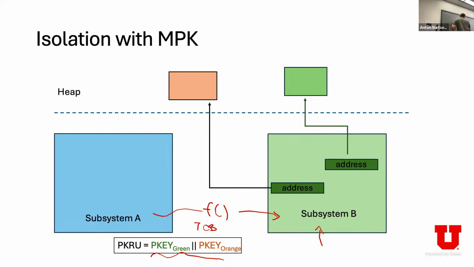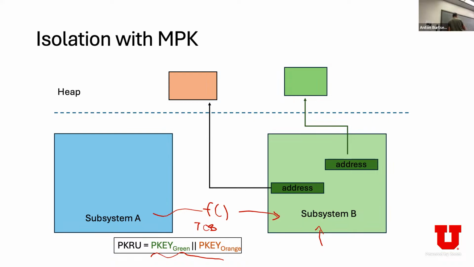Or alternatively, since we can control the page table, we can map the physical memory twice with two different tags, but it's really backed by the same physical memory. So it's a shared region of memory, right? So you can do that as well, I think.